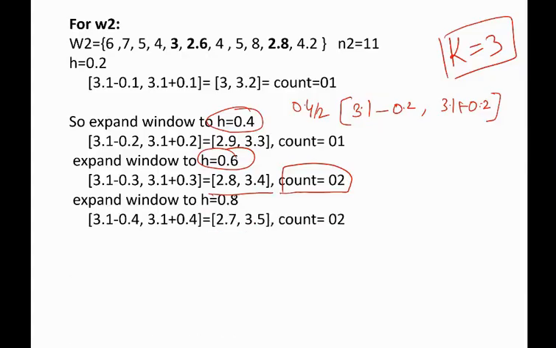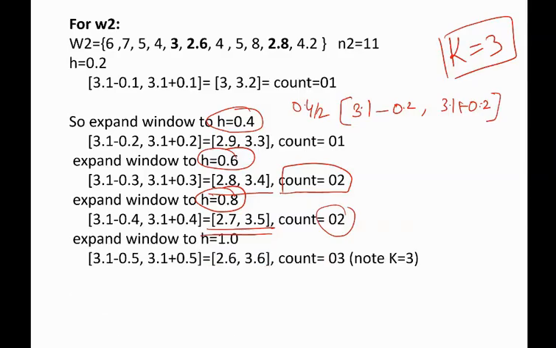Now my h is 0.8. This is the limit and still my count is 2. So increase further. I am taking this example intentionally to show you how h is controlled, or how it is expanded depending on my requirement.